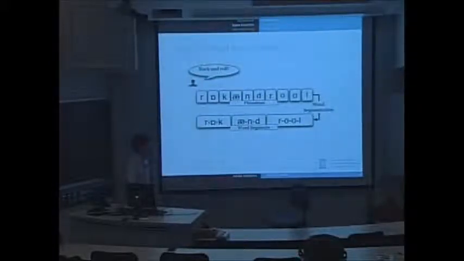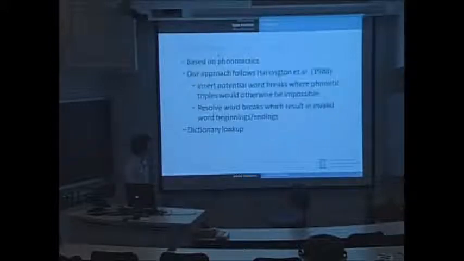The first step is going to be the word break insertion. And we use an approach that was first outlined by Harrington et al. in 1988, where you look at sets of 3 phonemes, trigrams of phonemes in your string. You first build a database over a large English corpus of all of the trigrams of phonemes that can occur in English words.